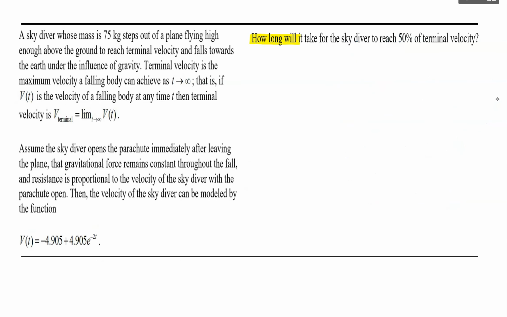Now we want to know how long it takes for the skydiver to reach 50% of its terminal velocity. So we found that the terminal velocity of the skydiver was negative 4.905 meters per second. And what we want to know is, when does the skydiver reach 50%?